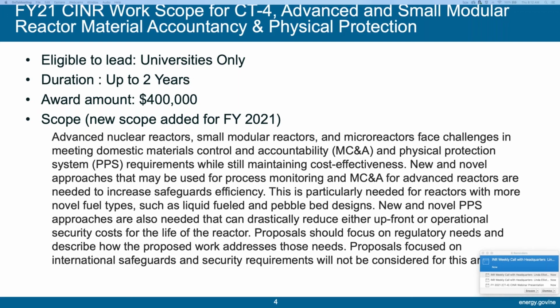Okay. Oh, here come a few more questions. Will generic design basis threats be provided for, or could they be suggested for, a general assessment of the physical protections? Yeah, that's a good question. I know sometimes one of the difficulties with universities on the physical protection side is not having access to some of the sensitive information.